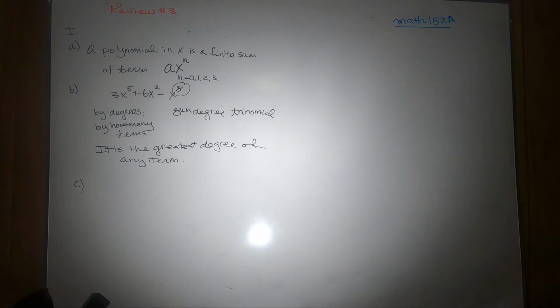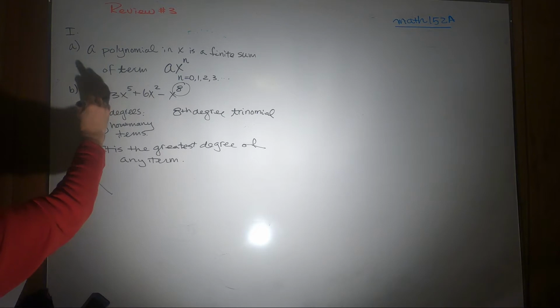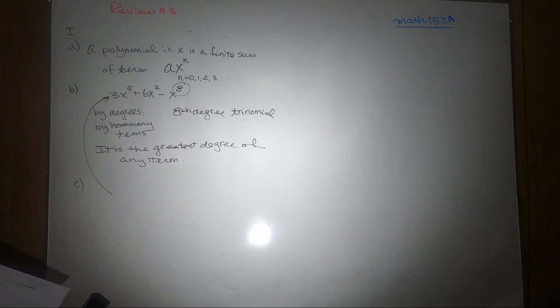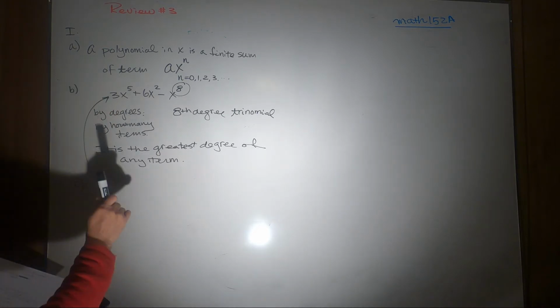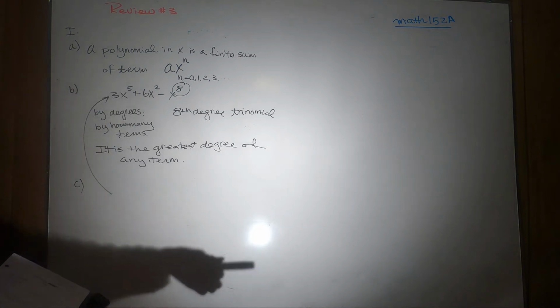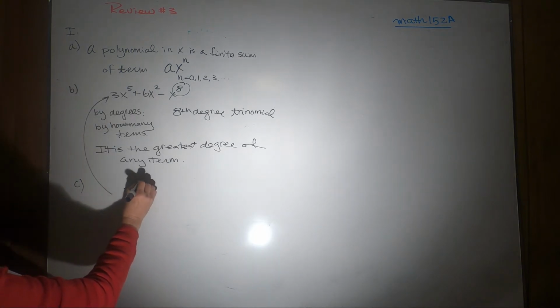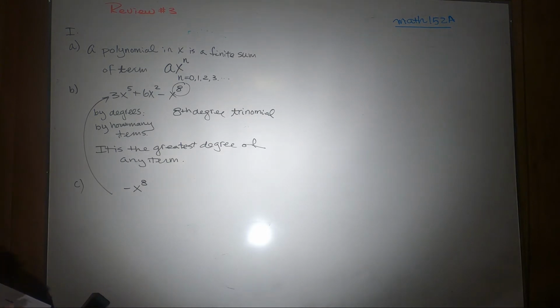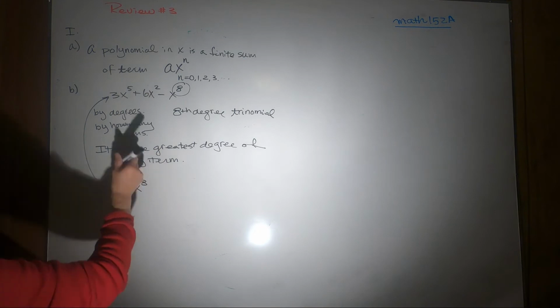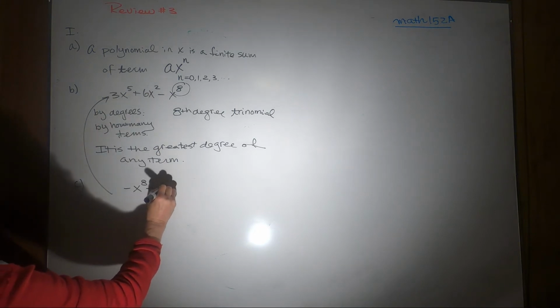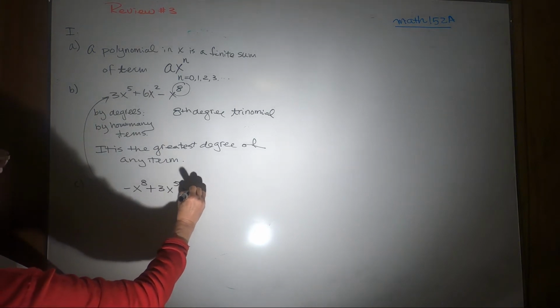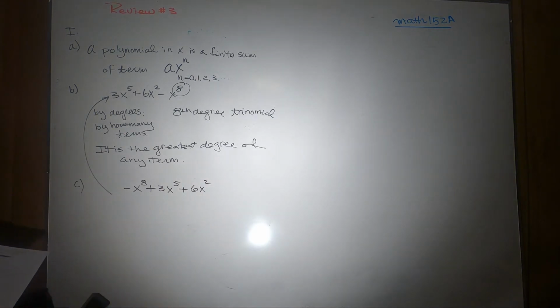Then, next one, how do you write a polynomial in standard form? Is this a standard form? No. How do you write that in standard form? It means you write it from the highest degree to the lower one. So you will write the highest one, 8th. The sign goes with the term behind it, right? Plus the next one, 3x to the 5th, plus 6x squared, right?